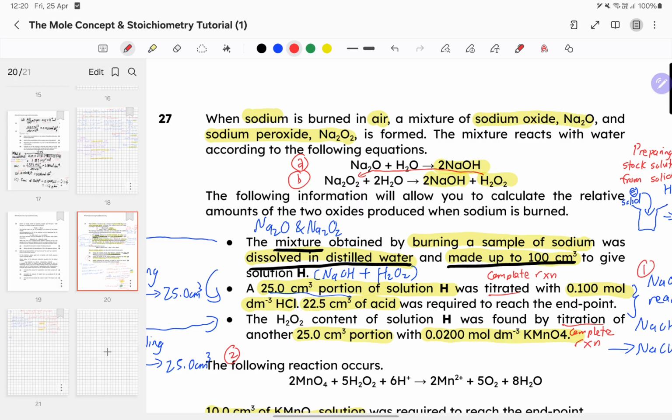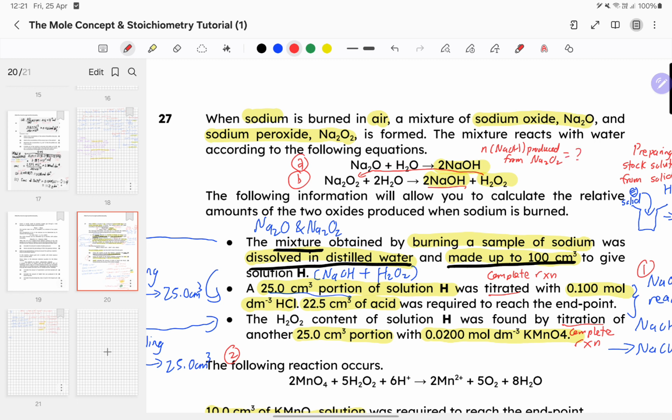But the fact is that these two reactions produce sodium hydroxide. So sodium hydroxide has two different sources where it comes from. It can come from either the reaction of Na2O or the reaction of Na2O2. This means you have to be very careful of this. So once you find out the number of moles of Na2O2 reacted, you can find out the number of moles of NaOH produced specifically by Na2O2.